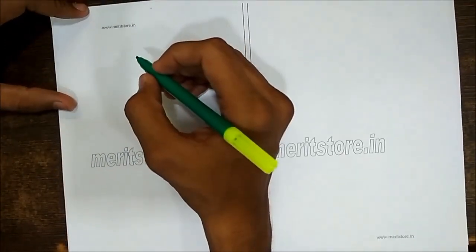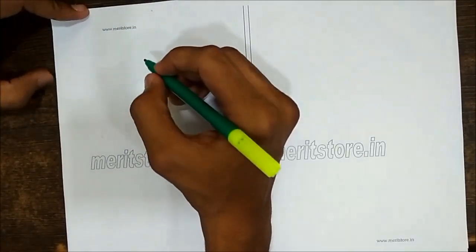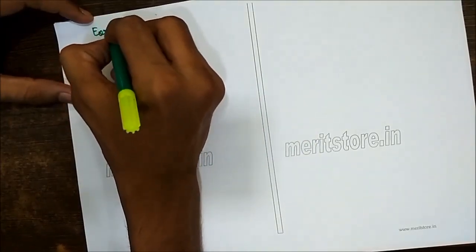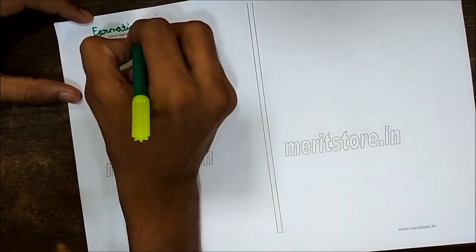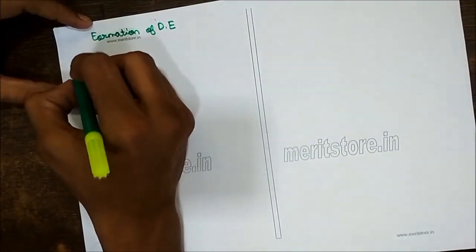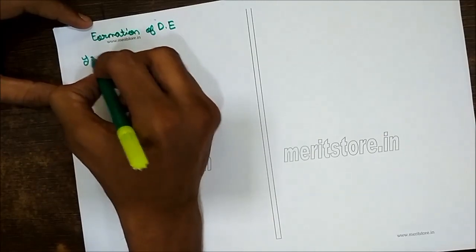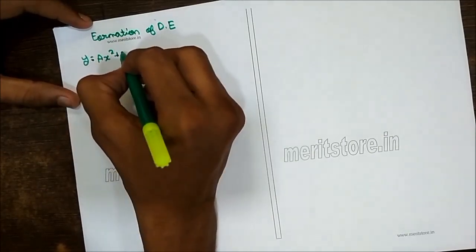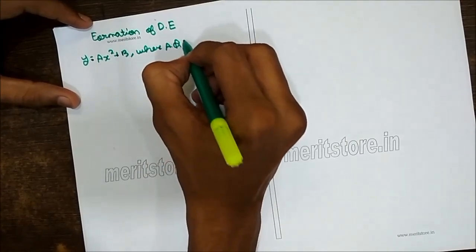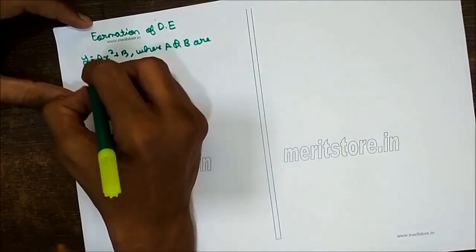So now we are going to talk about the formation of differential equation. Let's consider an example. Y is equal to ax square plus b, where a and b are arbitrary constants.